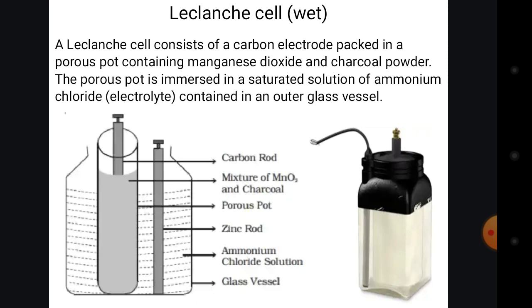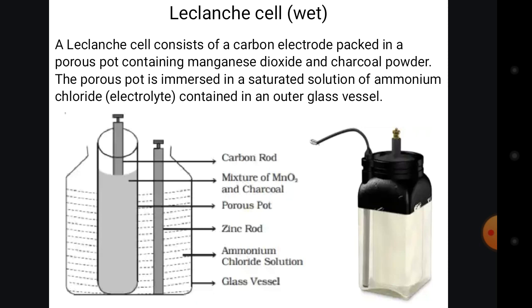And also this porous pot is inside the zinc rod. That is why we put the saturated solution of ammonium chloride.